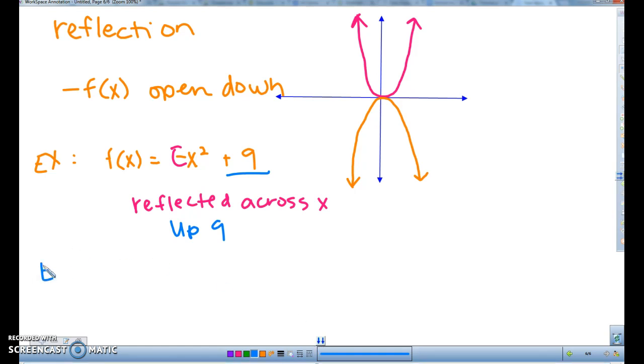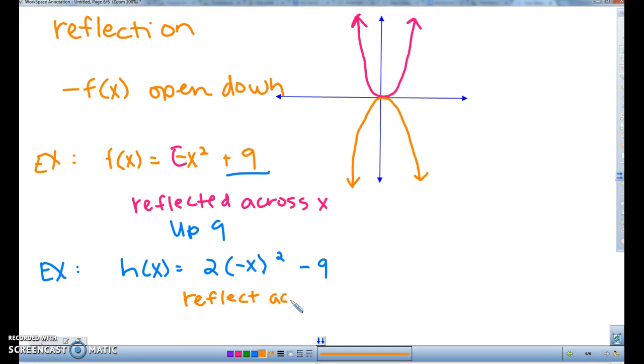So let's try another one. We'll say h of x is equal to 2 times negative x quantity squared minus 9. And the reason I put the negative in with the x is that you can see it reflects across the x-axis. It also has this 2 in front. That's going to have something to do with it stretching.